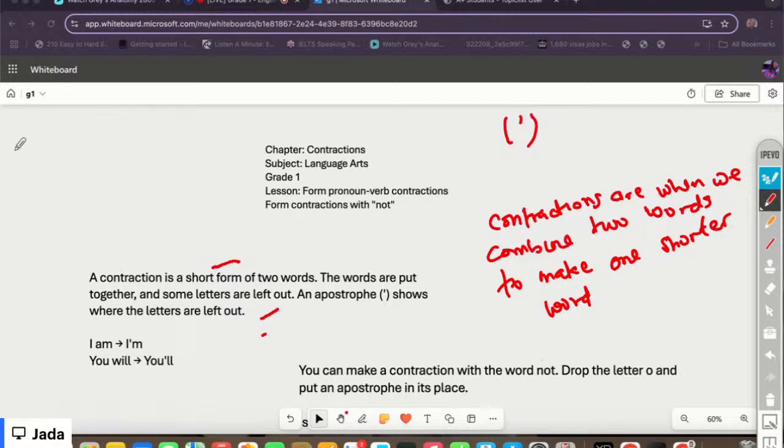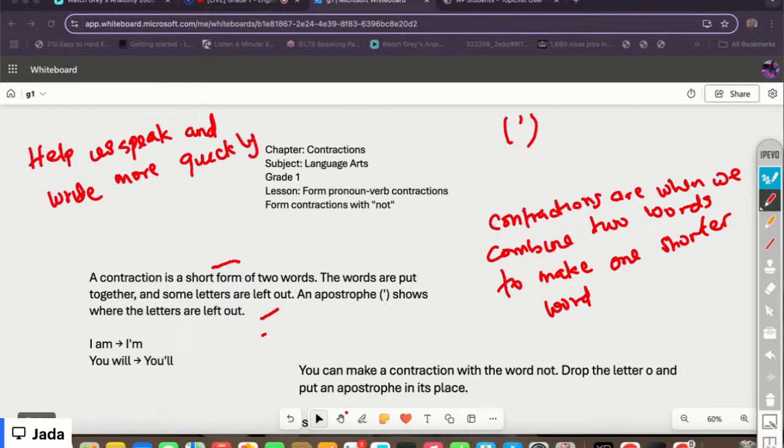So contractions are important because they help us speak and write more quickly. So contractions help us speak fast and also write quickly. So that's why we have contractions. Contractions are very, very important. Okay?